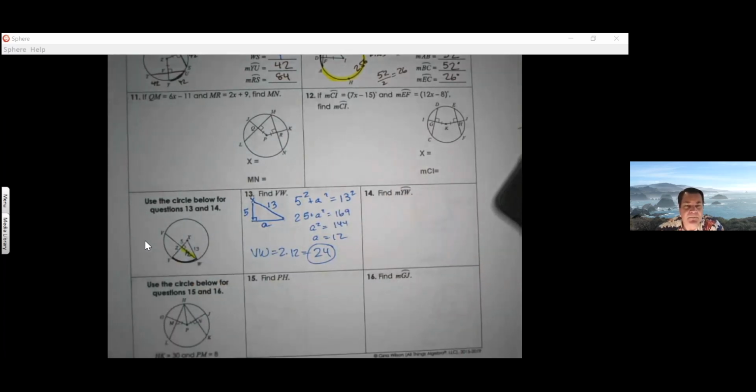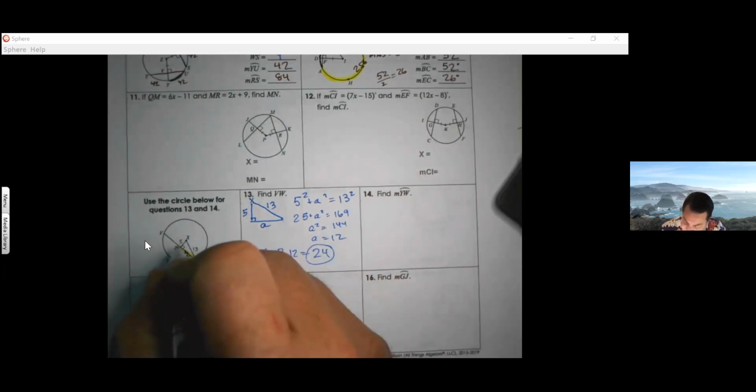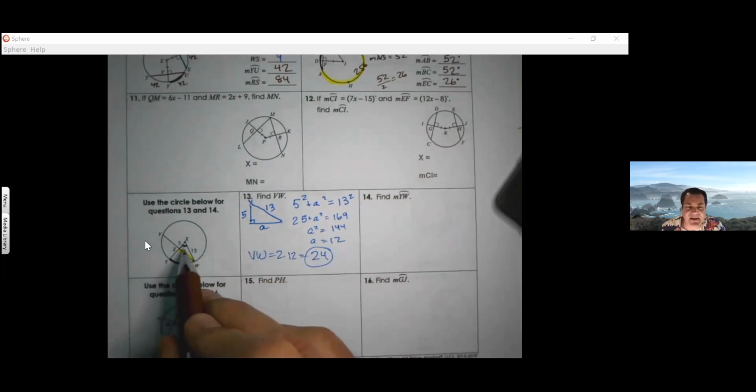So they're asking you to go back to what you knew from last chapter, right before the weekend. This central angle is going to have the same measure as this arc. So can we find this angle here?